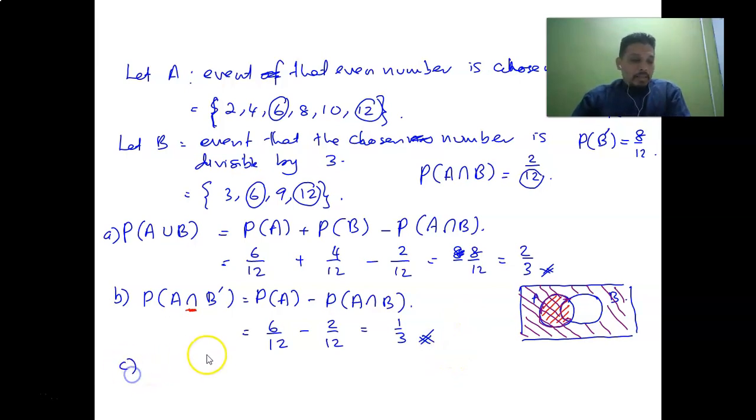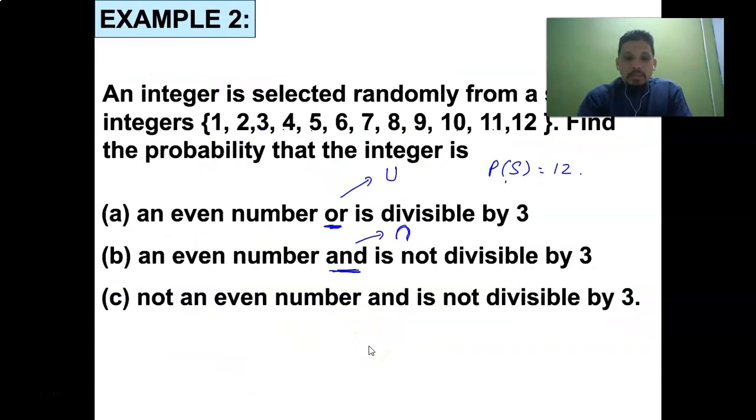And then the next question, the probability of A, getting an even number, union B complement. Okay, what was the question just now? Not an even number and not divisible by 3.